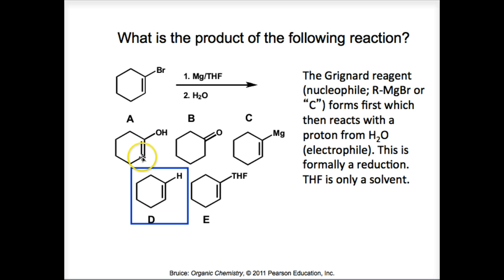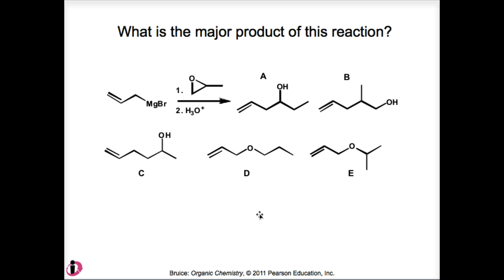After magnesium is inserted between the carbon and the bromine, the carbon is even more nucleophilic. And the proton on HOH, or H2O, is electrophilic. So we're going to get a replacement of the bromine with a hydrogen in a reduction reaction, forming this product, D.